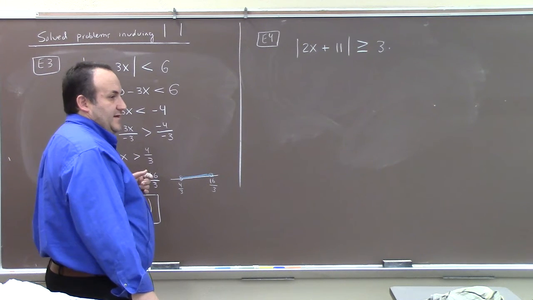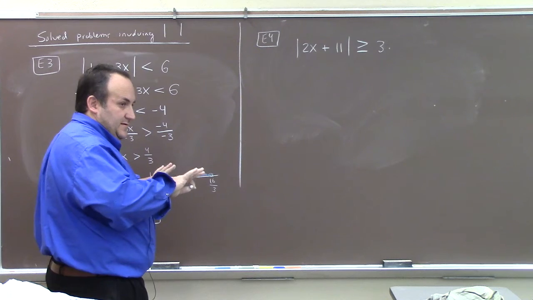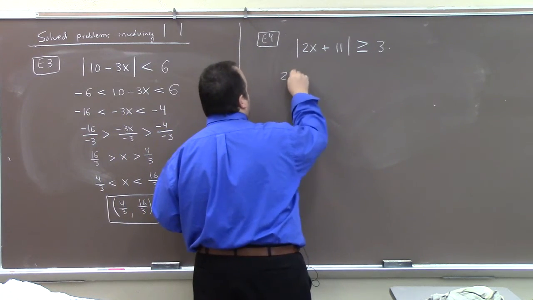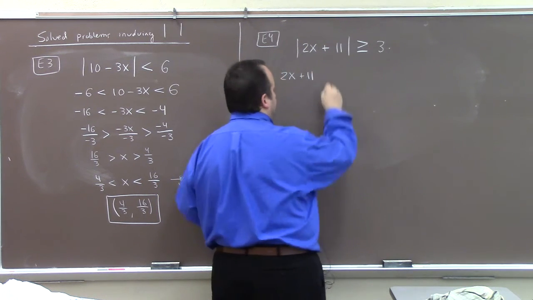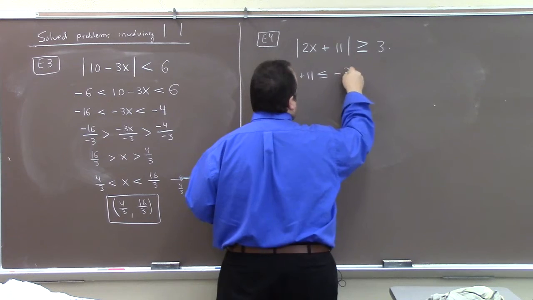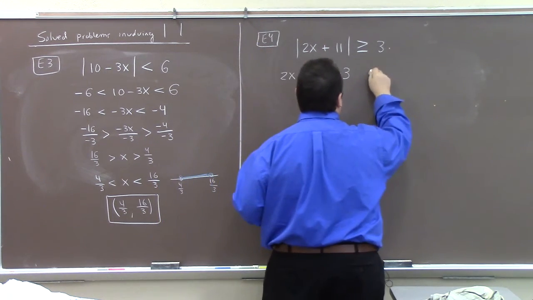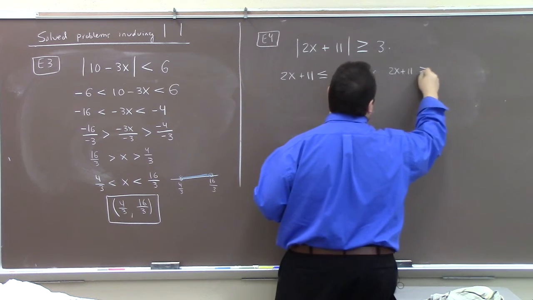That has a solution which comes from 2 disjoint inequalities. The one possibility is that 2x plus 11 is smaller than or equal to minus 3. The other possibility is that 2x plus 11 is in fact greater than or equal to 3.